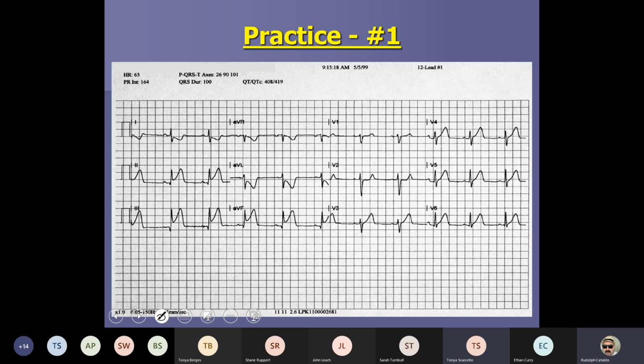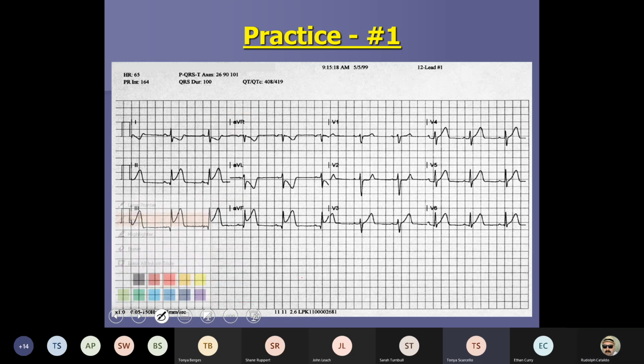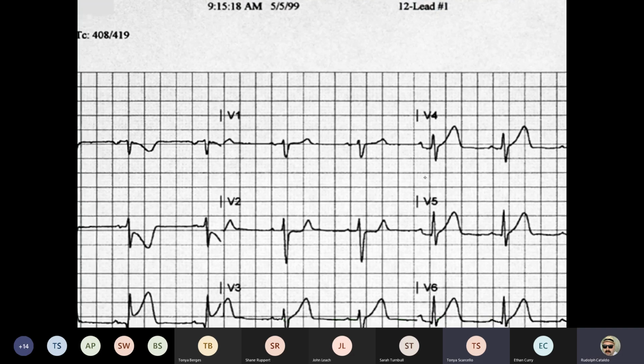So let's look at this strip here. Again, let's start looking at lead 1. Let me see if I can zoom in on this a little bit. Oh, there it is.